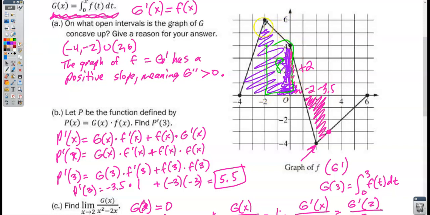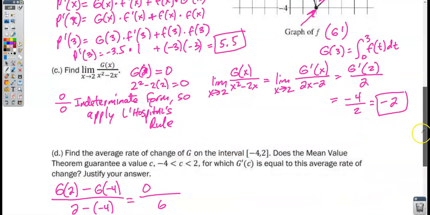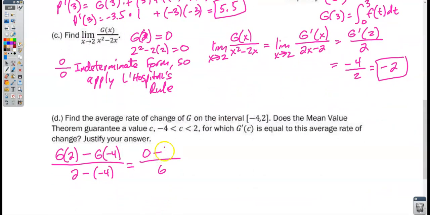That's 8 units right there. We've got a triangle right here with an area of 6, 1/2 times base times height, and we've got a triangle here with an area of 2, so it looks like 16 is the value of G of negative 4. So this is negative 8/3.